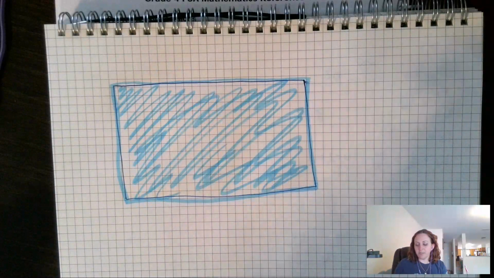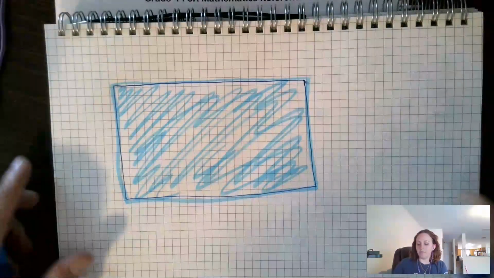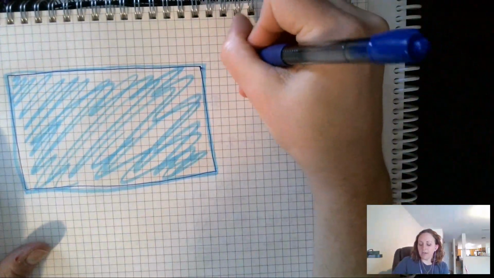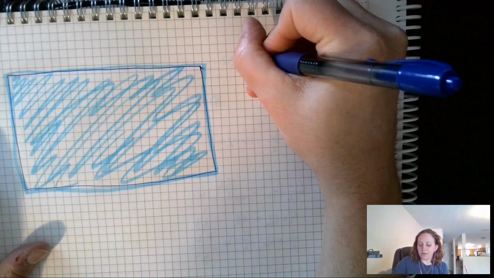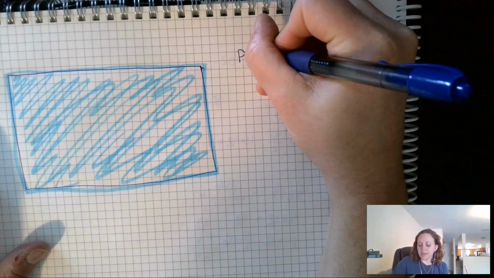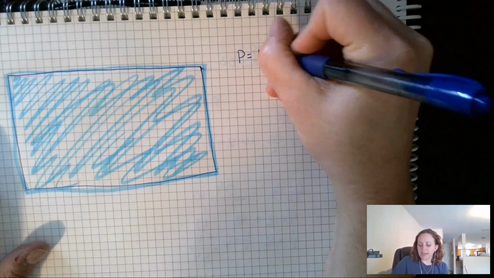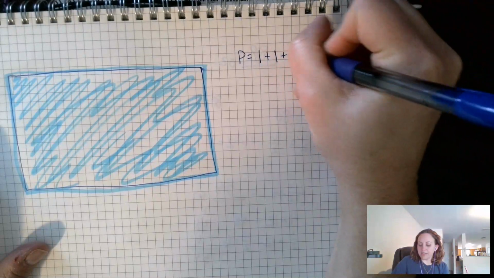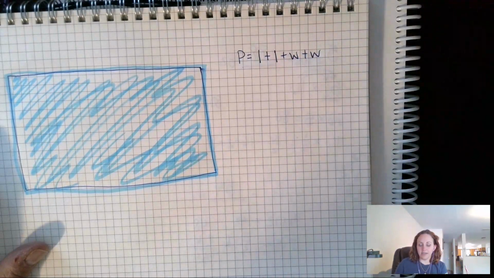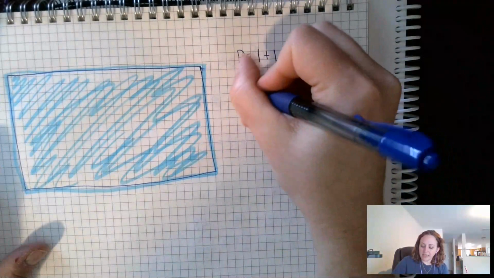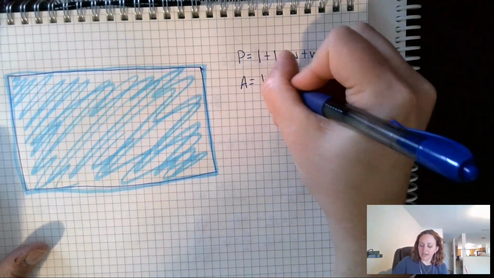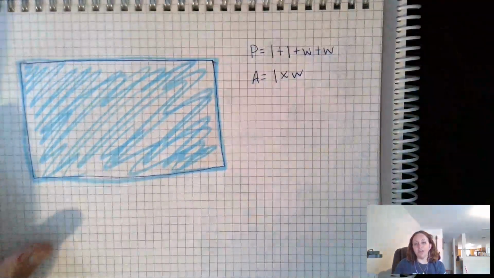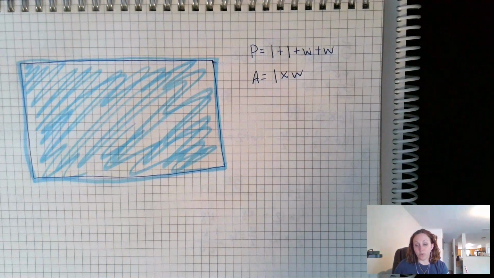To find the perimeter, which we abbreviate with a P, we add all the sides. So it equals the length plus the length plus the width plus the width. The area is the length times the width. To figure out these two measurements, we have to know the length and the width.